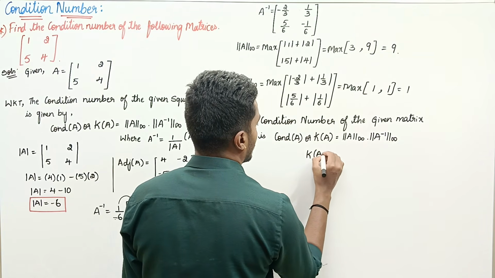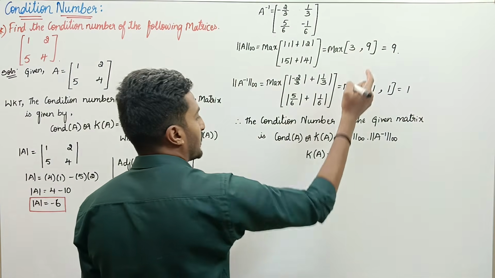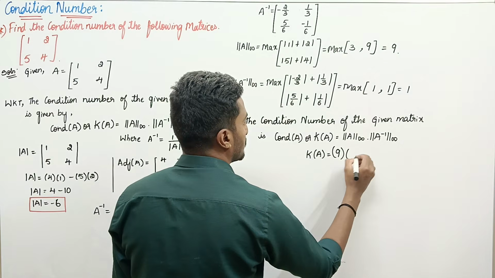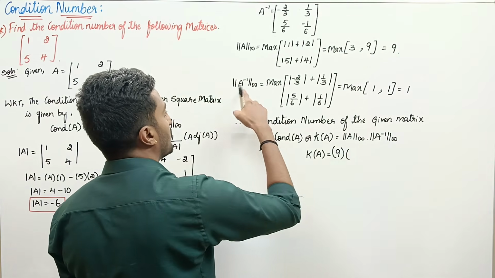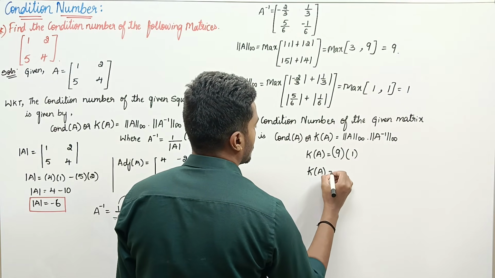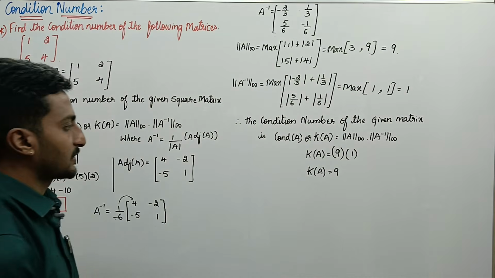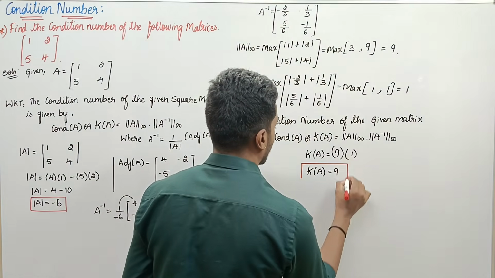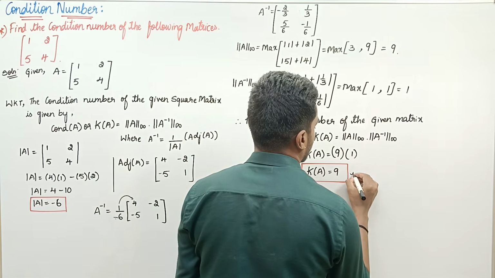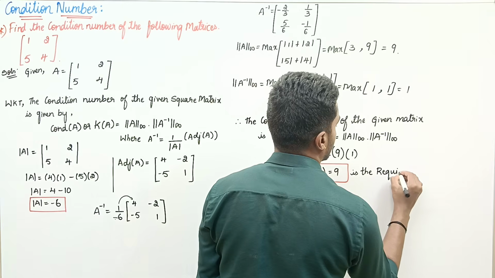Norm A infinity we have 9, into norm A inverse infinity, which is 1. K of A equals 9. This is our required solution.